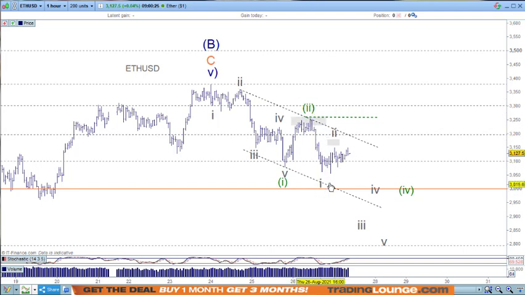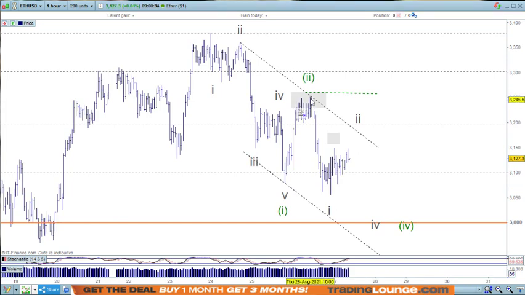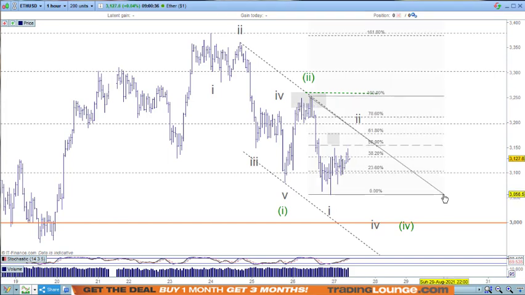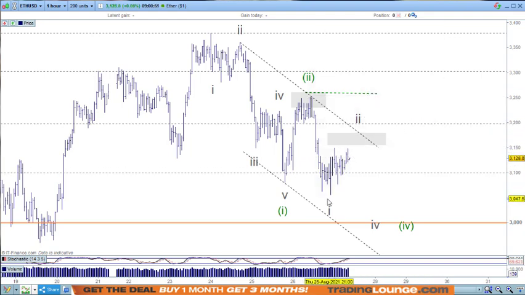I'll probably need to move that over there and adjust that height, from that low to that high. That's our 50-60% area. It may go higher, might go to the 3.2 and test that, or the 78.6, the square root of 61.8%. Really what we're looking for is an ABC correction in that space.